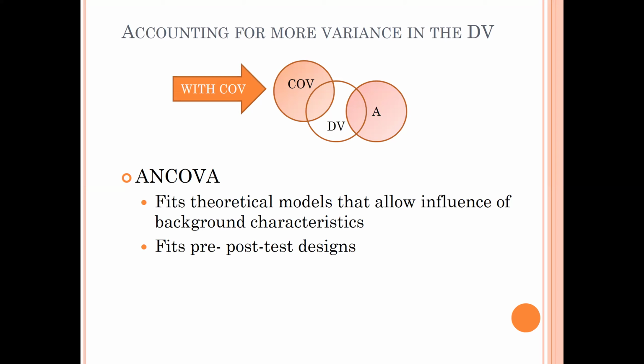We recognize other causes, although they may not be the focus of our research. It also fits pre and post-test designs very nicely because it's a way of controlling, we call it controlling, for variance among the subjects that is due to their prior status on whatever the dependent variable is.